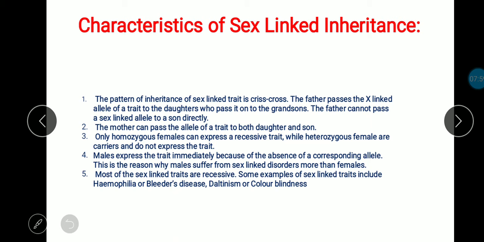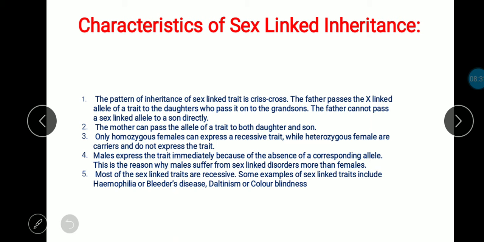Only homozygous females can express a recessive trait, while heterozygous females are carriers and do not express the trait. The males express the trait immediately because of the absence of the corresponding allele, because the male has a single set of these genes.